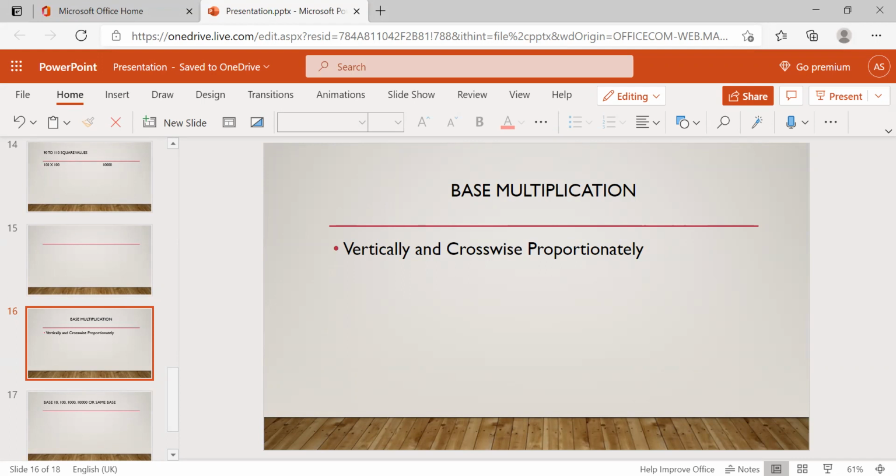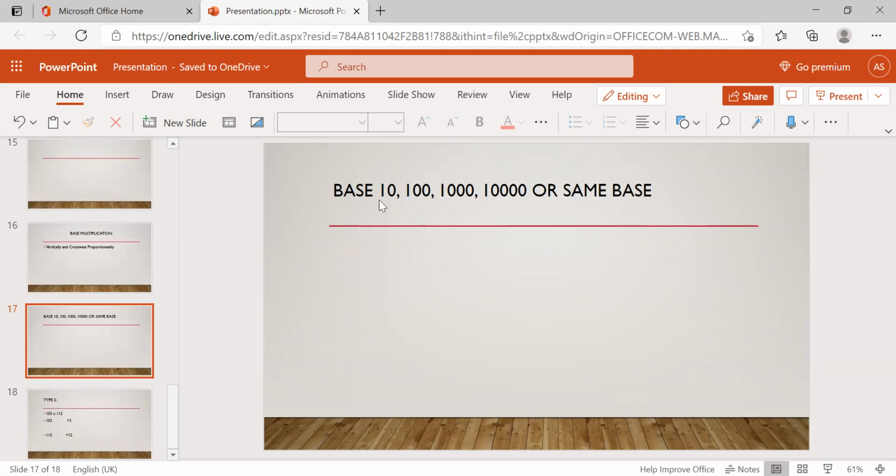Like that, here also we consider the base value first of all. Then we are going to multiply any two numbers with this concept, vertically and crosswise proportionality. So here we are going to see the base values 10, 100, 1000, 10,000.